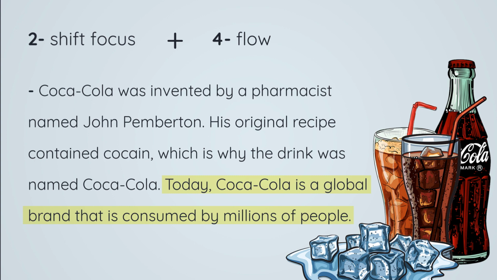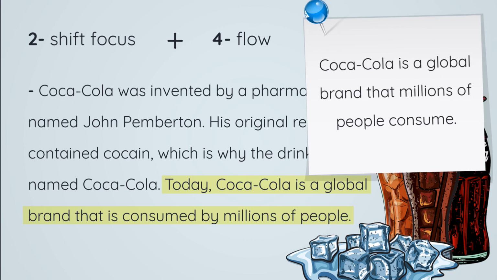So, today, Coca-Cola is a global brand that is consumed by millions of people. Now here, I could say, Coca-Cola is a global brand that millions of people consume. But the millions of people, they're not important. What is important is consumption. This is what you want to focus on. So, what do you do?